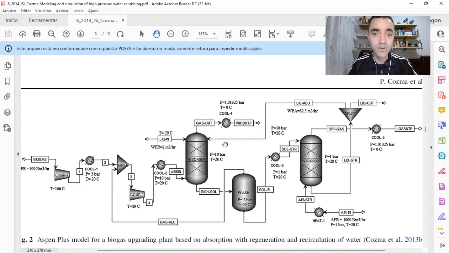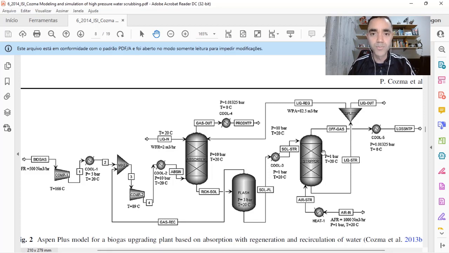But the absorber column operates at 10 bar, and my stripper column operates at 1 bar. So I have 9 bar of difference, and how am I able to feed my absorber column from the stripping column if I don't have a source of energy to increase the pressure of the stripping fluid?